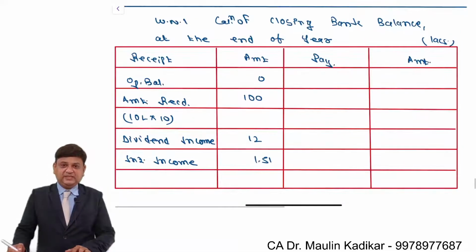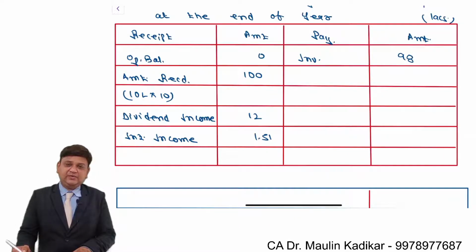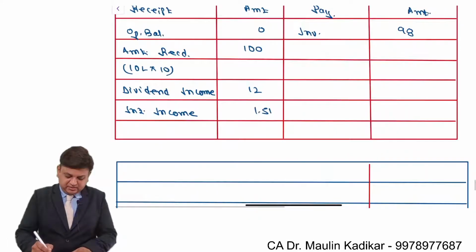Then as far as the payments are concerned, we will have the investments. An amount of 98 lakh rupees of the investment to be made immediately. Then we will be having operating expenses, an amount of 5 lakhs.